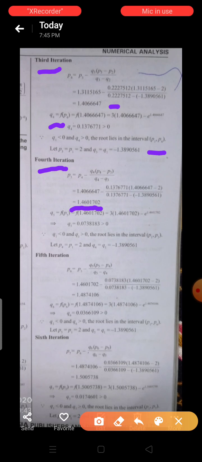This is greater than 0. Since Q1 less than 0 and Q5 greater than 0, therefore the root lies in the interval P1 comma P5. Let P4 is equal to P1 is equal to 2 and Q4 is equal to Q1 is equal to minus 1.3890561.